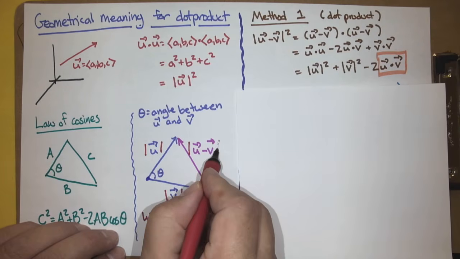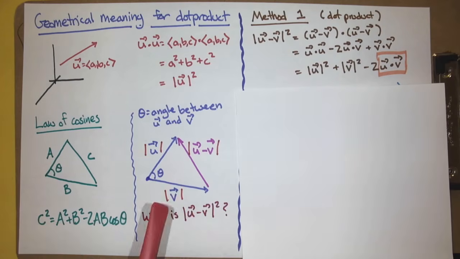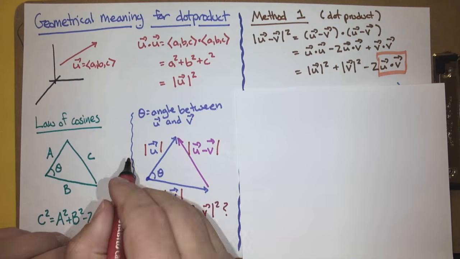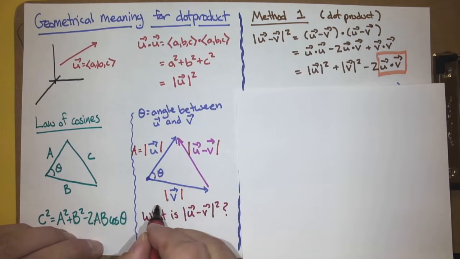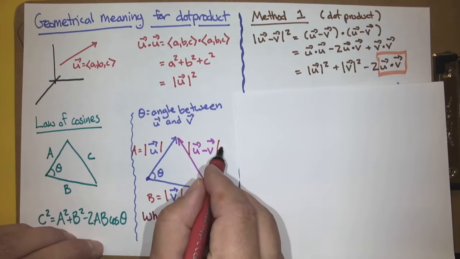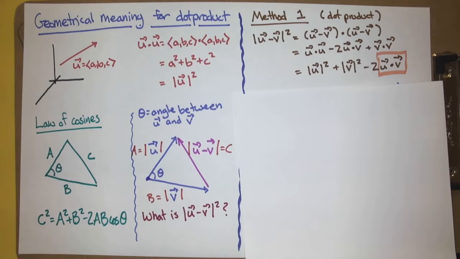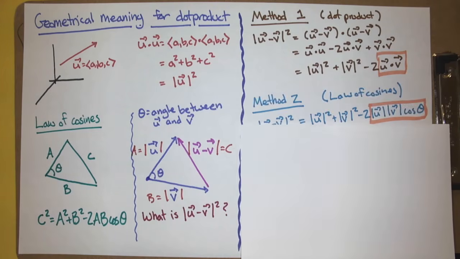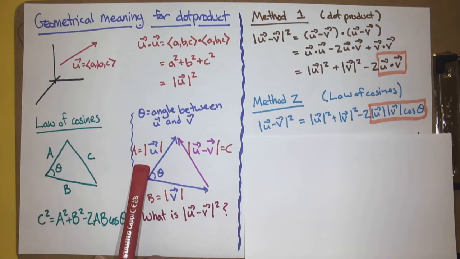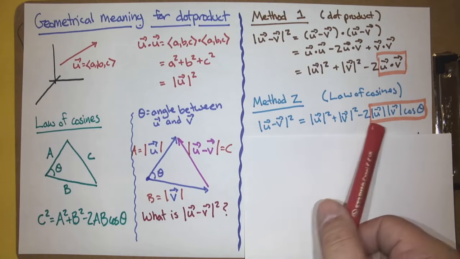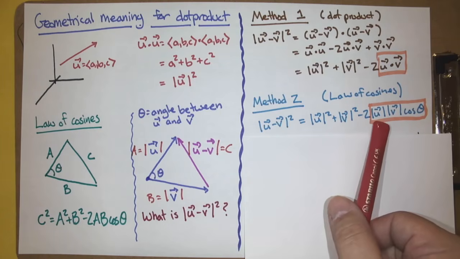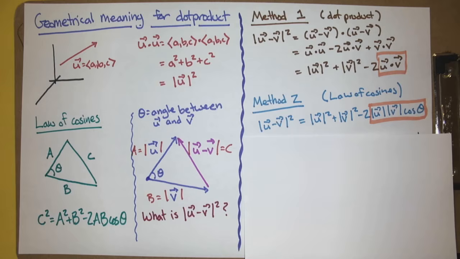I just say each side has a length and there's an angle. So we can call this A, this B, and this C. So we get law of cosines: A squared plus B squared minus 2AB cosine theta.